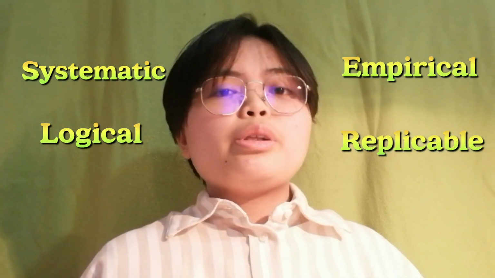If we're going to base the definition on the book, these 4 are basically self-explanatory, but I shall give you a simple explanation for these 4. Systematic, based on the word itself, means well organized and done accordingly and orderly.